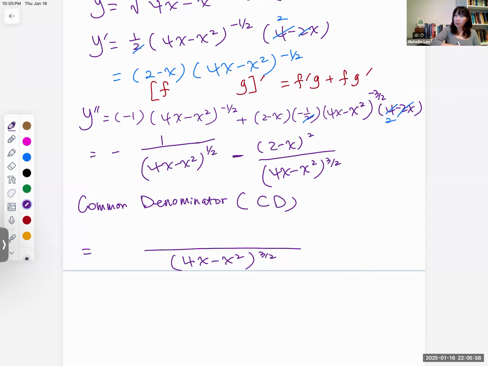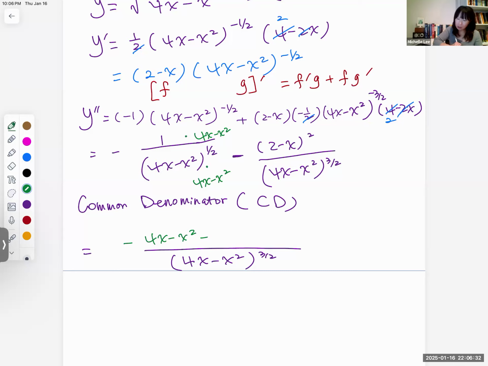Then we need 2 over 2 for the power, so that is 4x minus x squared times 4x minus x squared. So that would be negative (4x minus x squared).